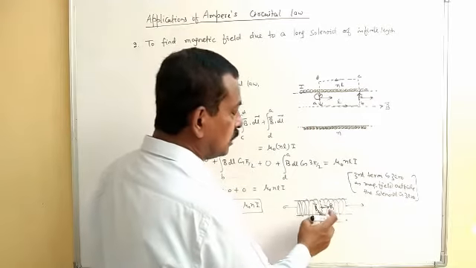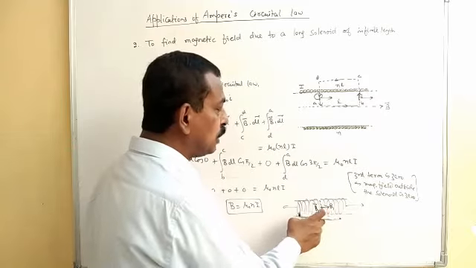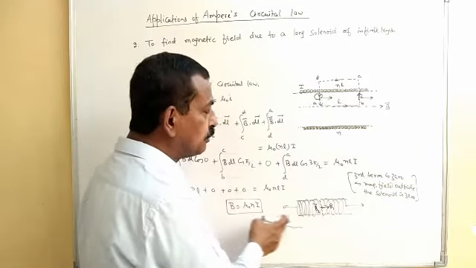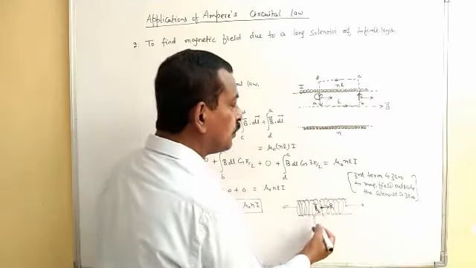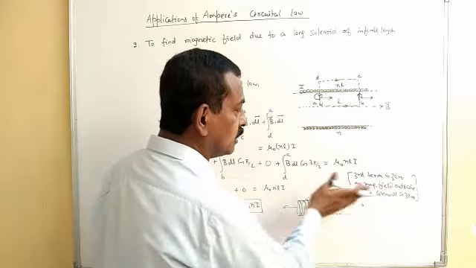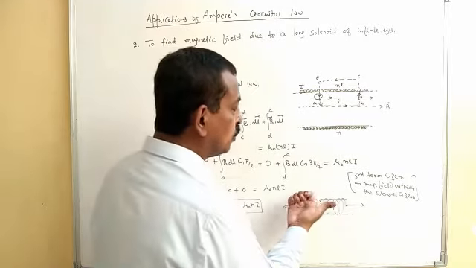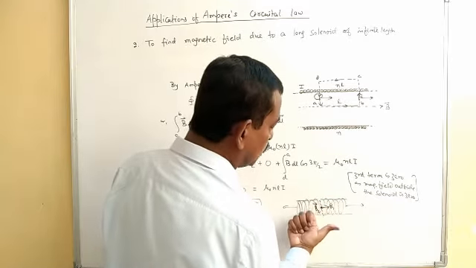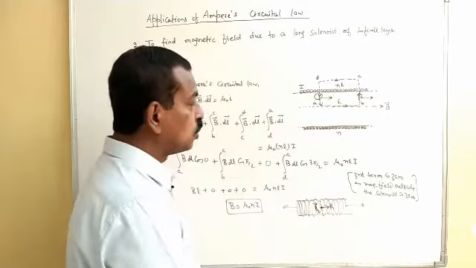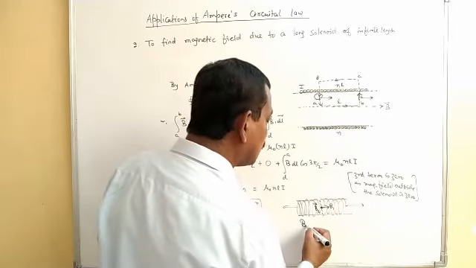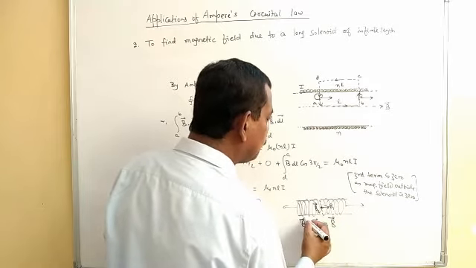B2 is the magnetic field due to the part extending up to infinity on the left side. At this particular point, both will be in the same direction. Because if the current is coming out of the plane and going into the plane here, the magnetic field is from left to right. So B1 plus B2 will give you the total magnetic field.